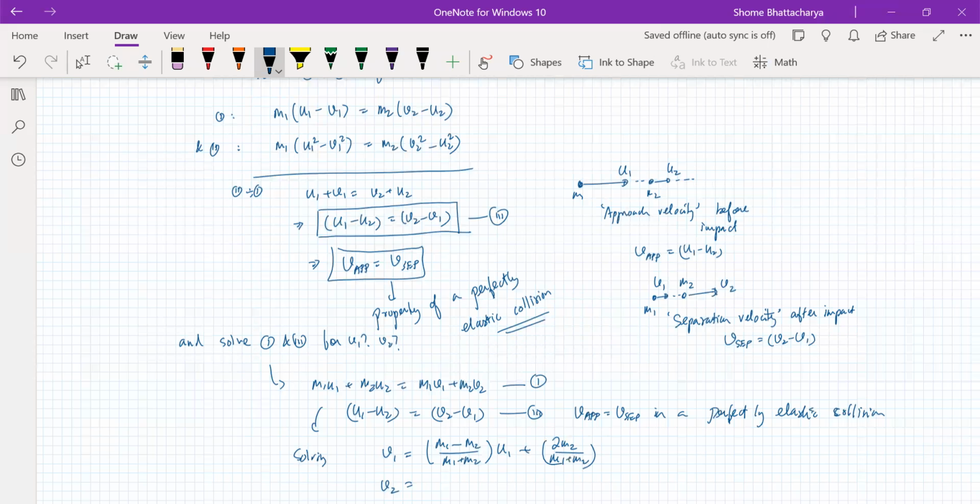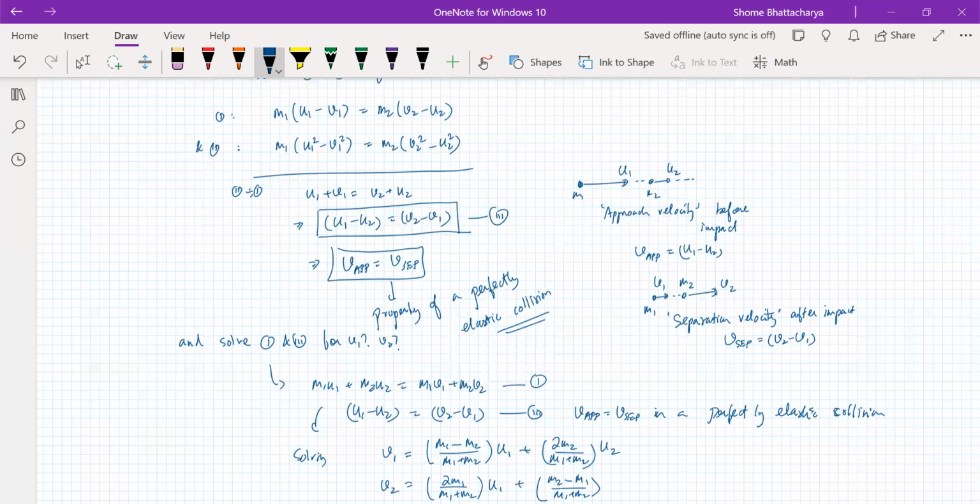And you can see that the terms are quite symmetrical. Both V1 and V2 involve some coefficient into U1 plus some coefficient into U2. And these four coefficients have the same denominator everywhere, M1 plus M2. And the numerators are symmetrical for the diagonal terms.